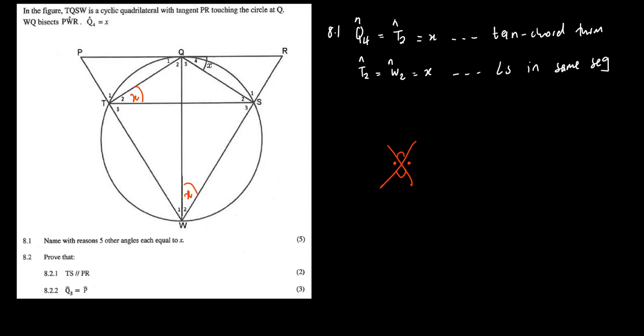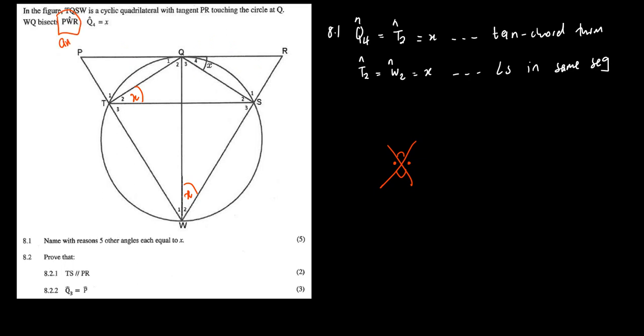And another thing, when they say bisect, the way you're looking at it as if WQ is bisecting this PR, meaning PQ is equal to QR. But that one won't quite help us because that's not what they're actually saying. When they say we are bisecting PQR, this is an angle.